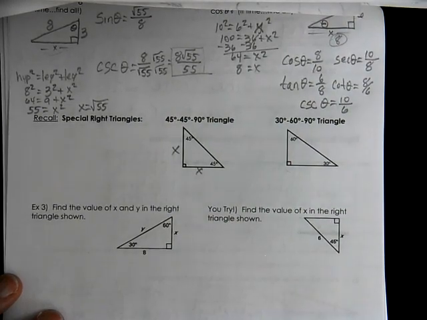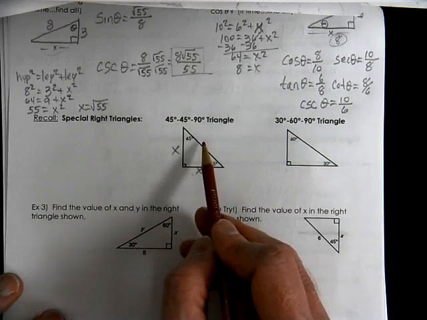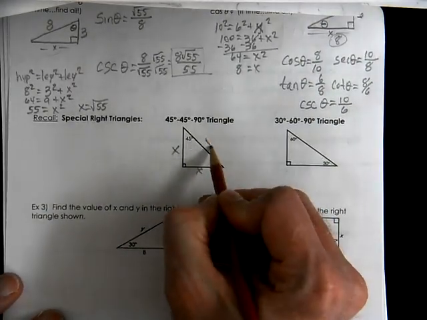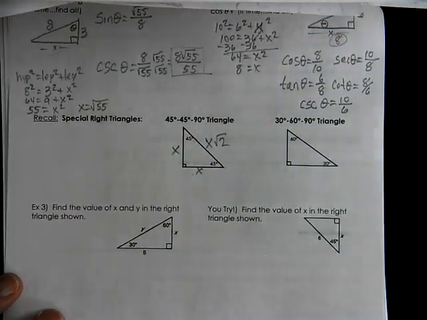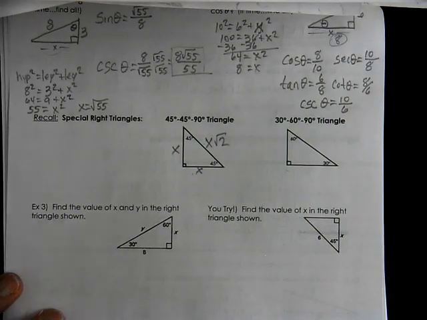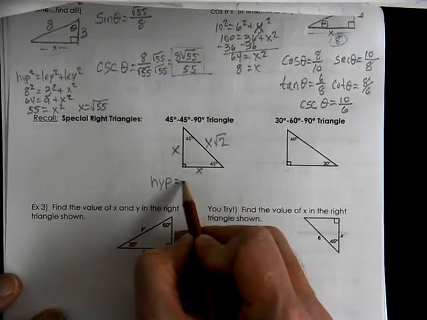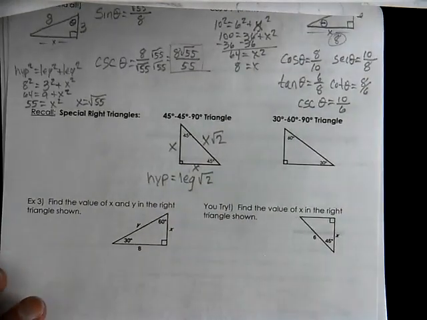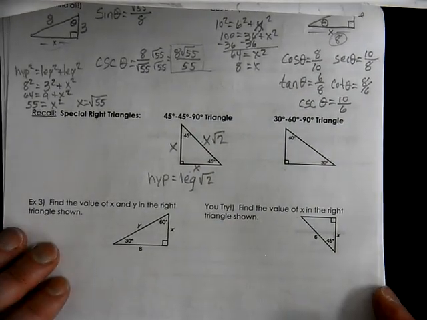And there's a pattern that you learned in geometry that tells us that the hypotenuse of a 45-45-90 triangle is root 2 times that leg. So I often like to write it as hypotenuse equals the leg times root 2. There's only one formula you need to work with the 45-45-90 triangle.